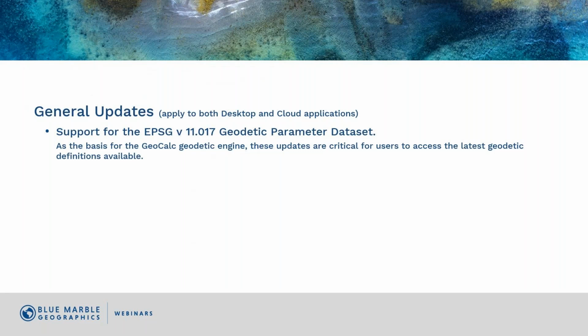This is the basic geodetic engine that we use to drive our GeoCalc, which is the underlying geodetic part of Geographic Calculator that you see from the user perspective. EPSG is kind of the gold standard in definitions in the industry. We keep up with all the latest definitions and we are up to date.